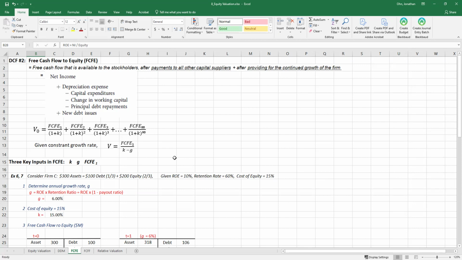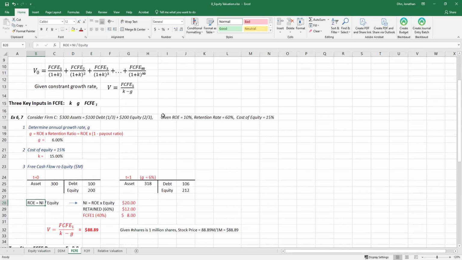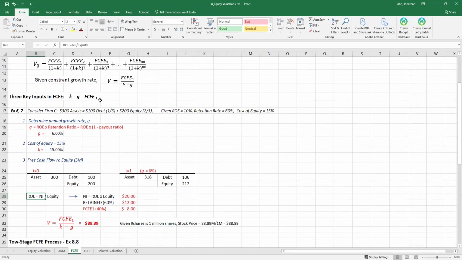Yeah, three inputs. Let's talk about this example here. It is an abstract illustration of how to calculate free cash flow to equity, right? I think you will find out why that is the case.